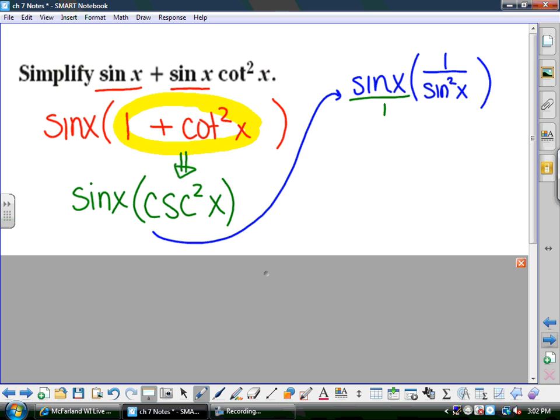And the sine that's on the top can cancel out with one of the two sines. It's sine squared, so there are really two sines down here, and I can cancel one of those out. So that reduces to 1 over the sine of x, and 1 over the sine of x is actually cosecant of x.